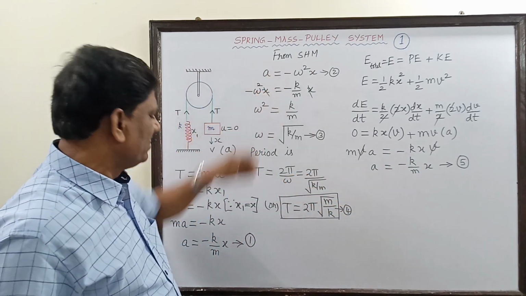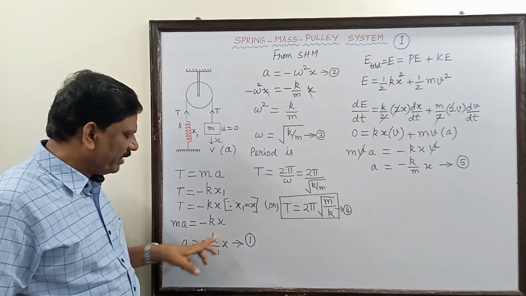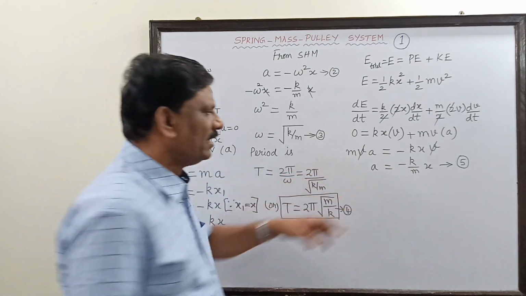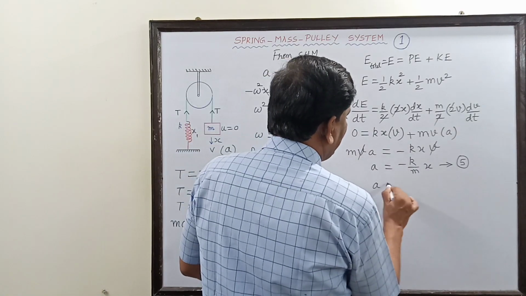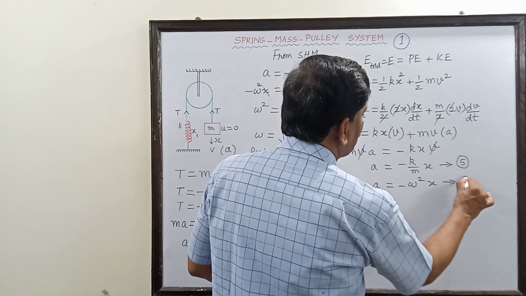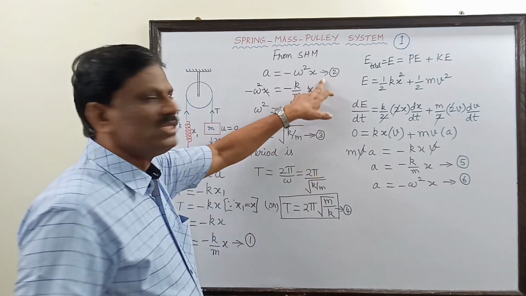So already we have got in equation 1 minus k by m into x. The same expression we are getting here also, is it not? So once again, if I equate this with minus omega square into x, this becomes the same as equation 2.